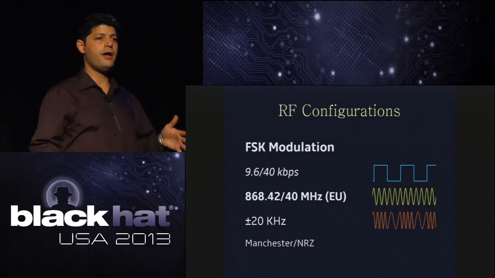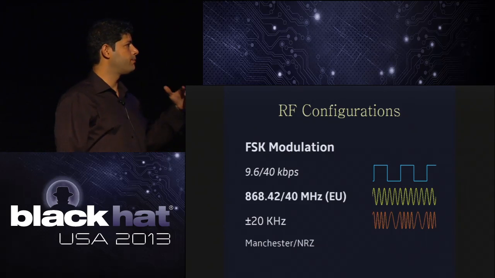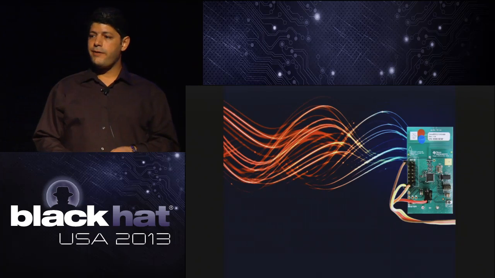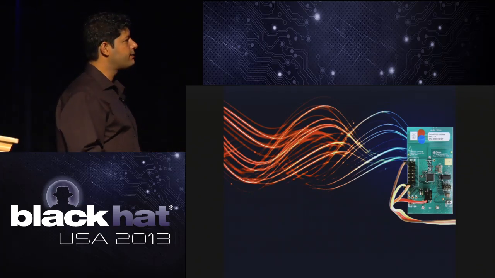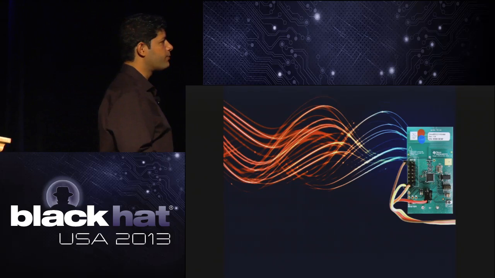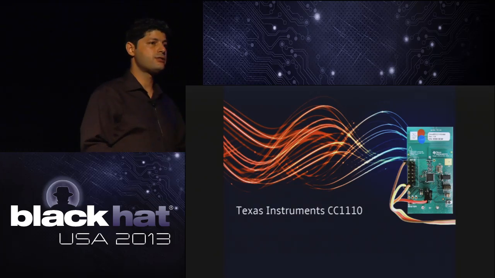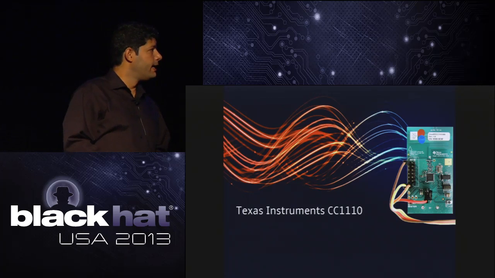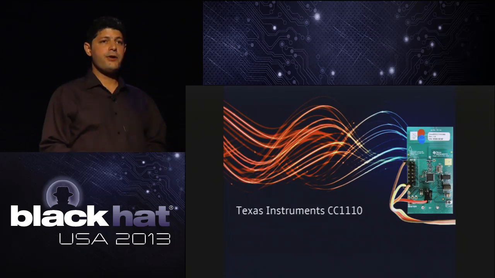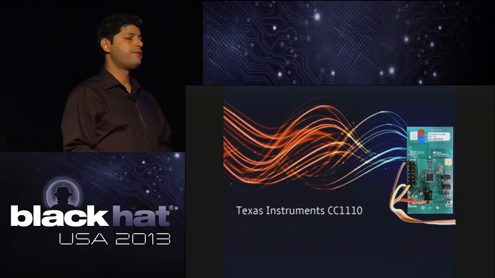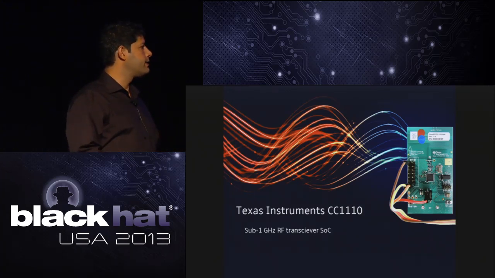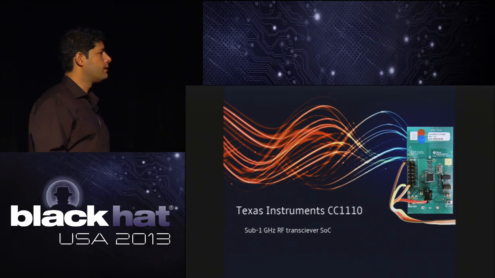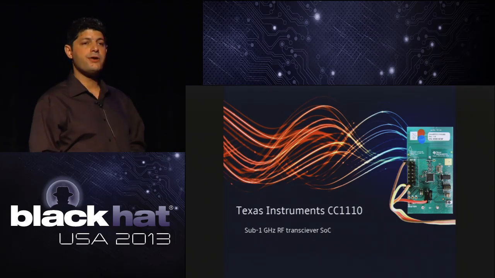But we needed a device to be able to see those packets going forwards and back. So we had a look around, and we found this little cute board, which is powered by a Texas Instruments chip, a Chipcon CC1110. This chip itself is very configurable. It can support various configurations, and it works in sub-gigahertz RF frequencies.